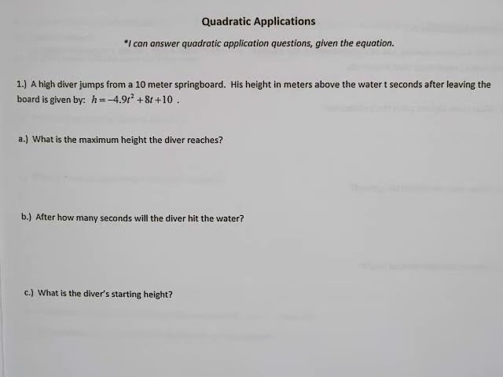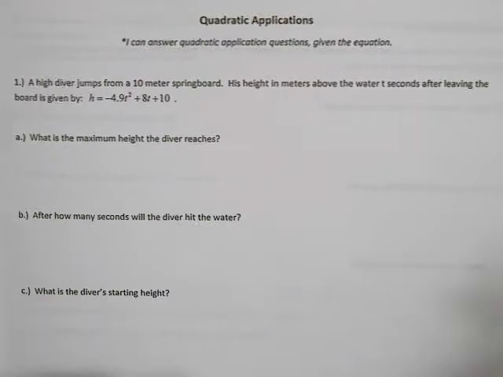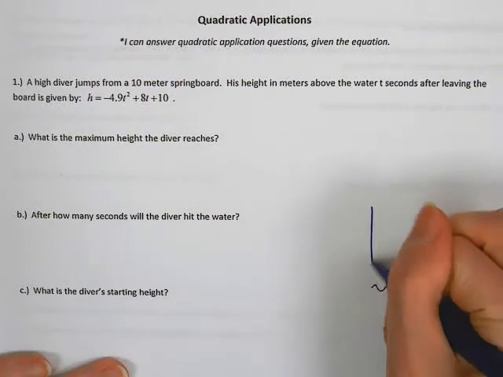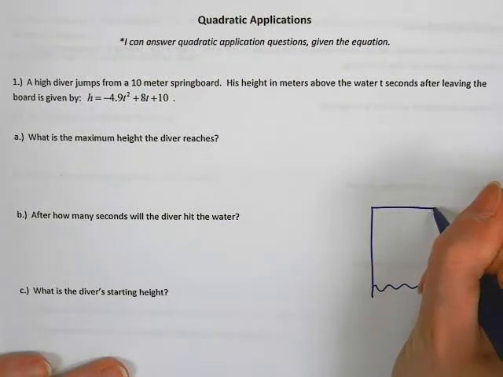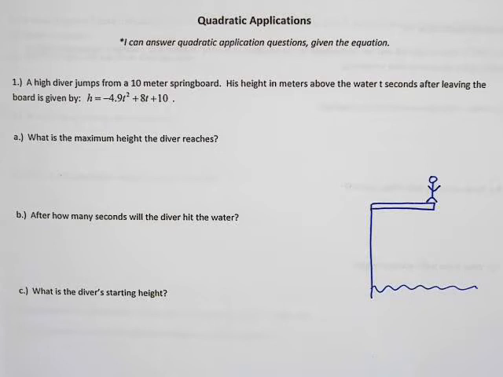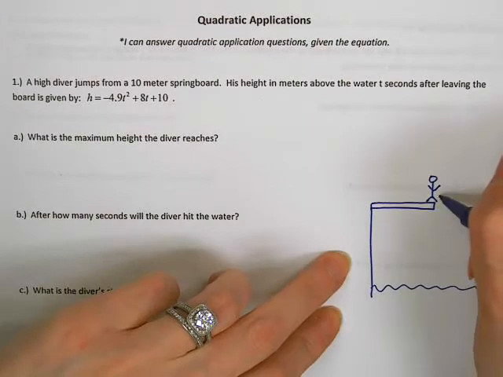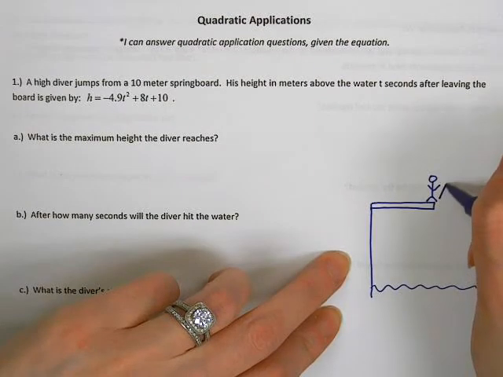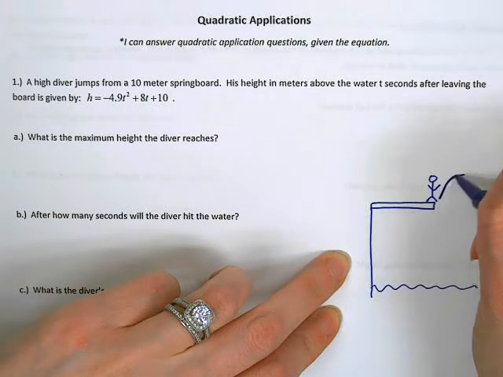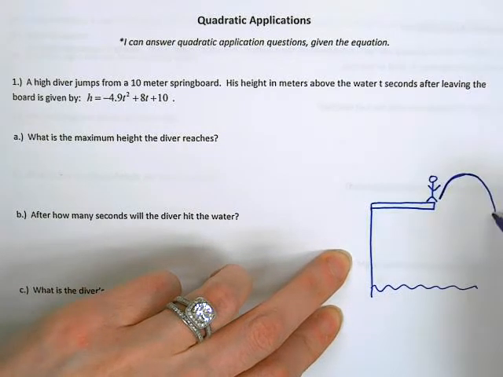Okay, so let's try to draw this one. All right, so here's the water. Here's the diving board. Now, you guys don't have to do this. And then here's the diver. Okay, so what's going to happen? He's going to jump in the air, and then at some point, hopefully, he lands in the water.